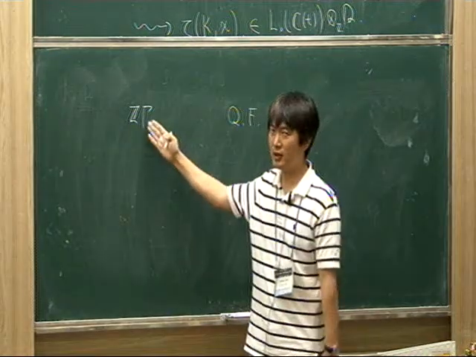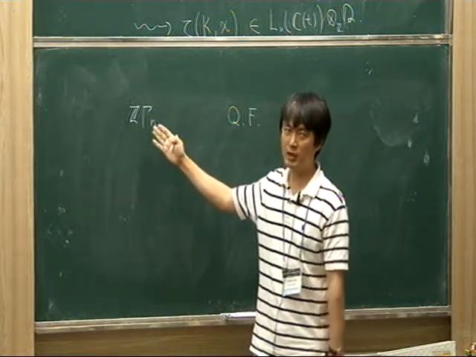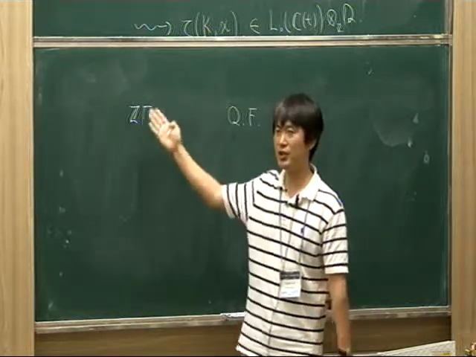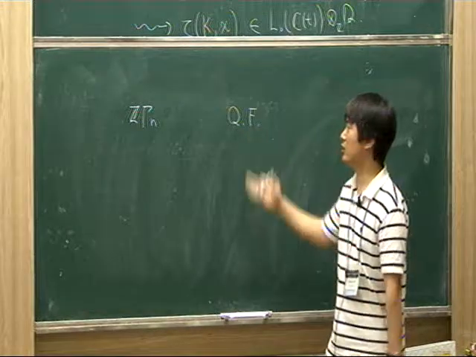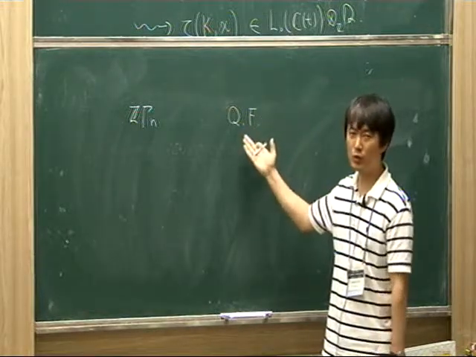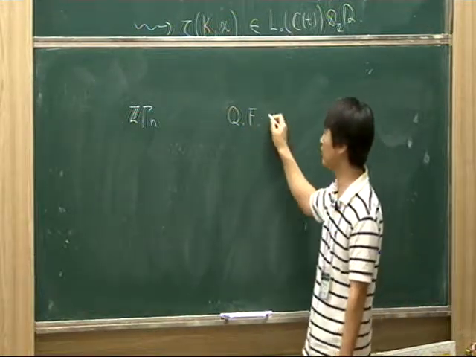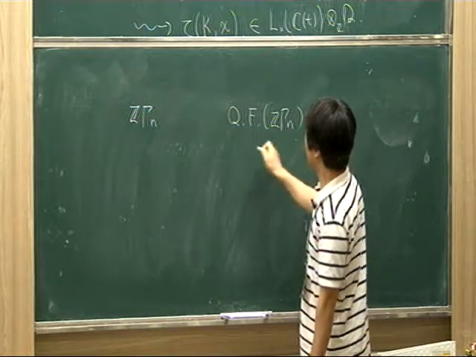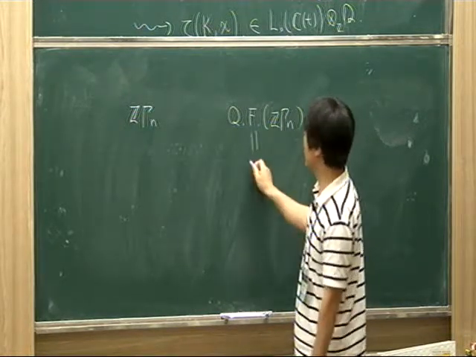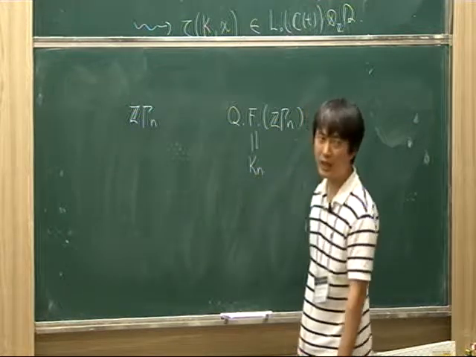Actually, this gamma n, in general, is not abelian. So this group ring is a non-commutative ring, but still we can think of the non-commutative skew quotient field. So the quotient field of C gamma n is the definition of Kn.